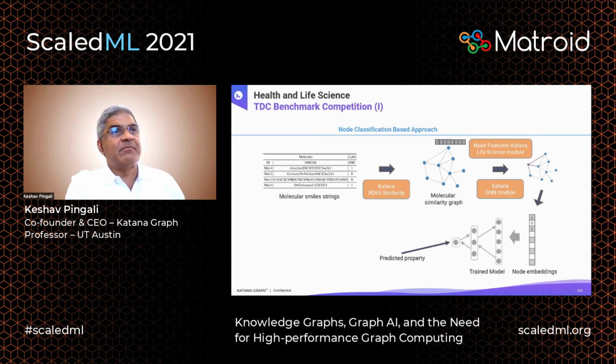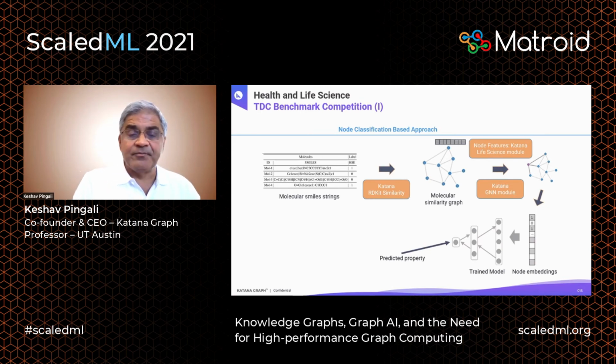And then given those embeddings and the test molecule, they make the prediction. So what we've done essentially is to take a problem where it was not obvious that there was any point to building a graph, but we were able to construct this molecular similarity graph and then solve the problem in a novel way by using graph technology.